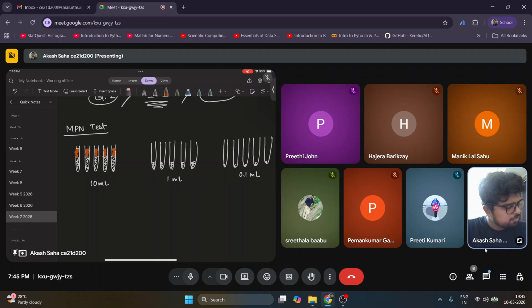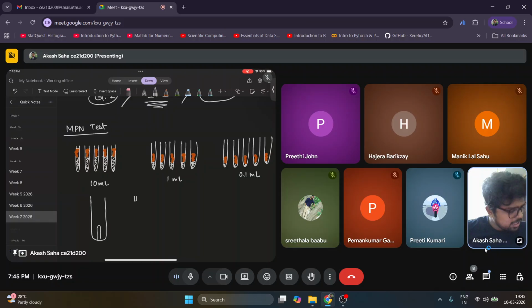Then in the other, we will also add some nutrient media, or nutrient growth. Then there is something called Durham tubes, very small tubes like this. We will invert it and put it in the test tube. Suppose this is the enlarged view of a test tube; this Durham tube will be lying like this in an inverted manner.